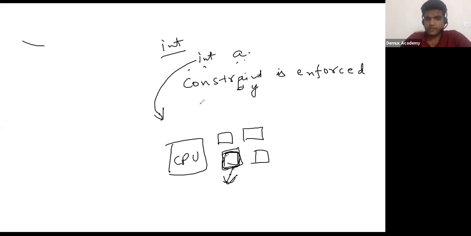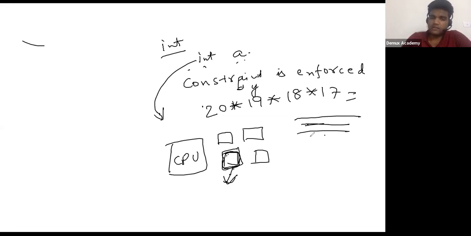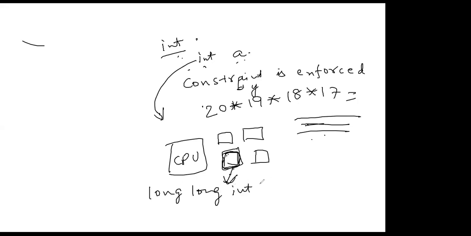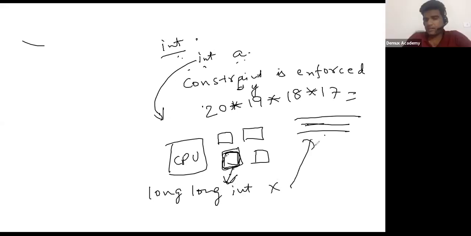So here the problem is, if you take a factorial of a big number, let's say 20 factorial, then this might become a very, very large number, a number which you might not be able to store in a single integer variable. This is just a constraint that is enforced by the programming language. There are bigger data types like long int. Even with those data types, you cannot store such a large number.